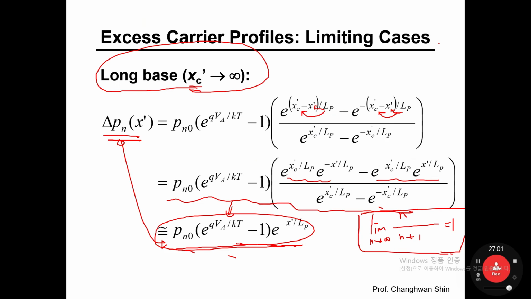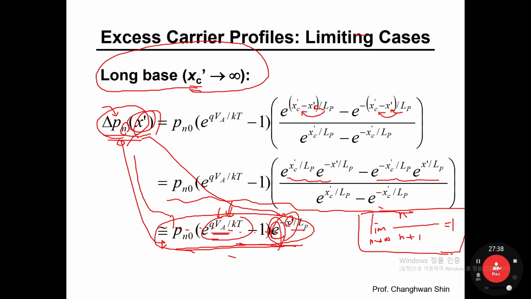Why is that? Go back to the long base case here. Delta p sub n of x prime is a constant times an exponential of x prime. Once you apply a certain amount of forward bias, this value is a kind of constant. So as a function of x prime, the exponential term can be found. So injected holes into the n side can be described mathematically with an exponential term.